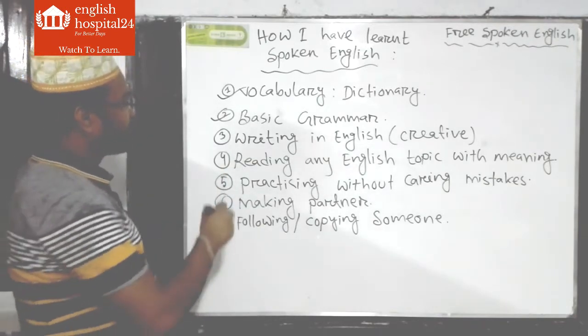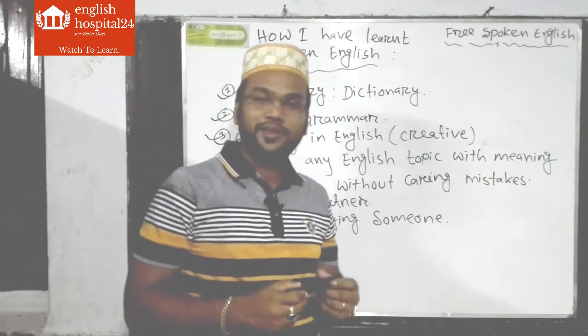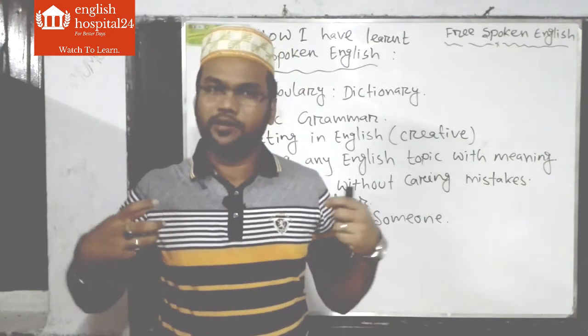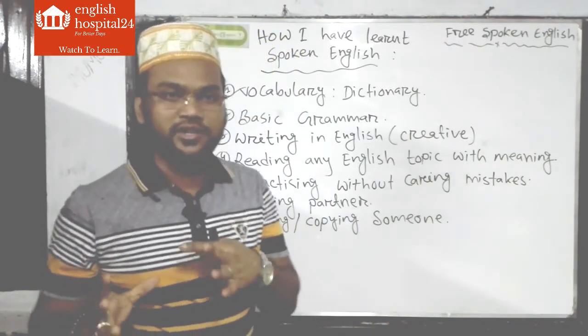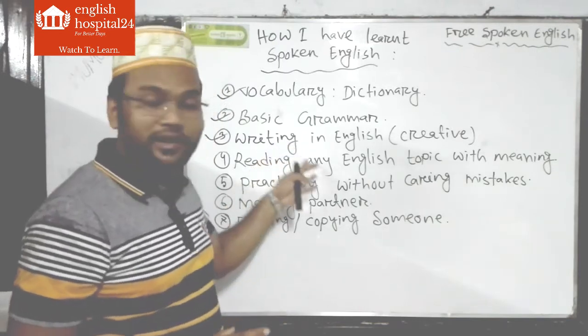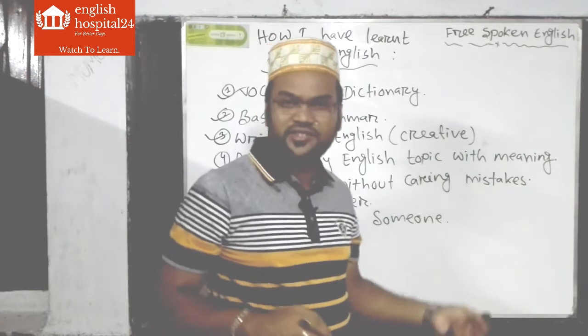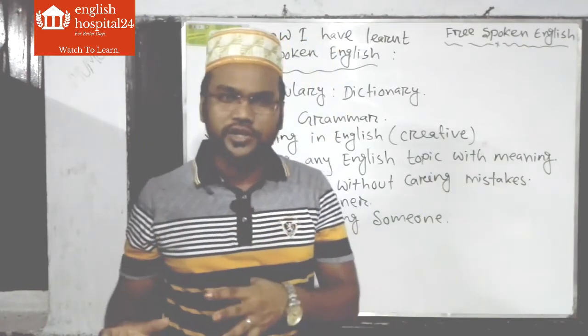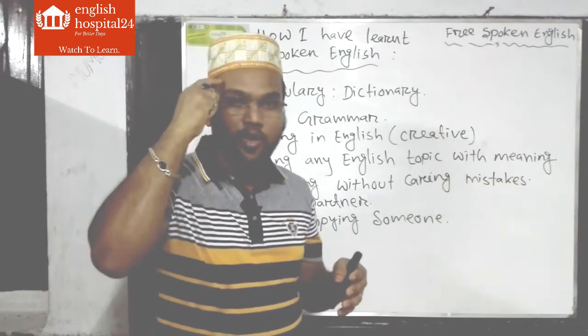Number three, creative writing in English. When I had enriched my vocabulary and learned basic grammar, I began to write anything in English, which is called creative writing. I always tried to write in English by myself, from my own memory.